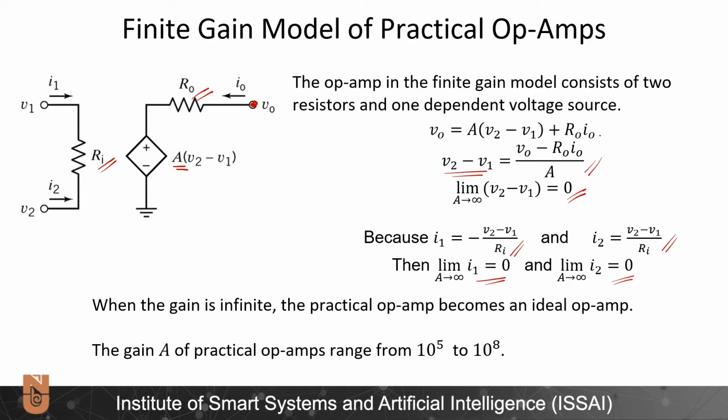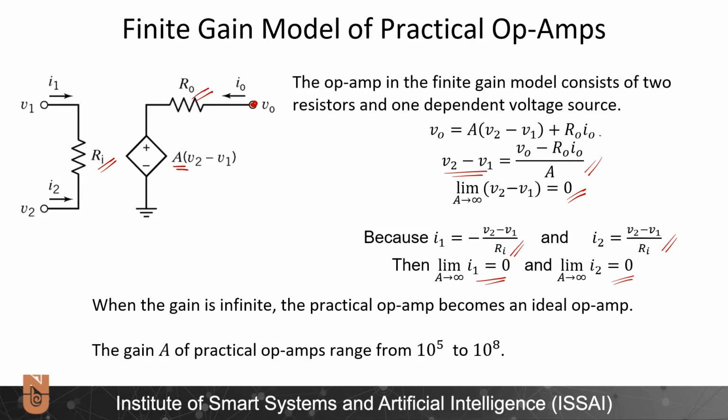In short, when we set the gain A to infinity, the finite gain model converges to the ideal operational amplifier model. But what happens when this is not the case? Because in real circuits, the gain of the operational amplifier is very high, but it is not infinite.